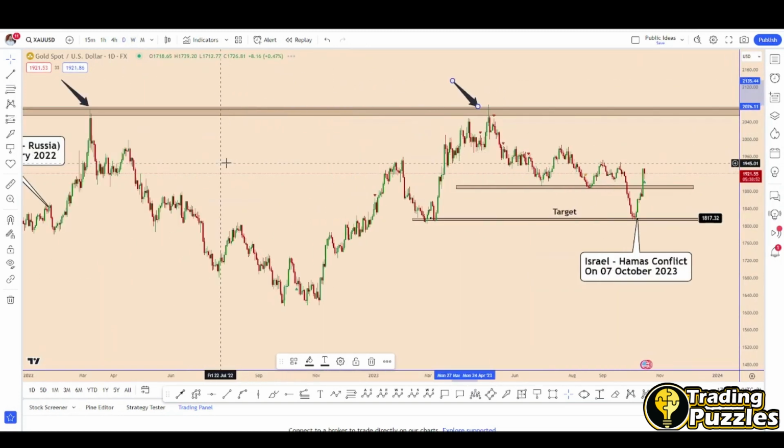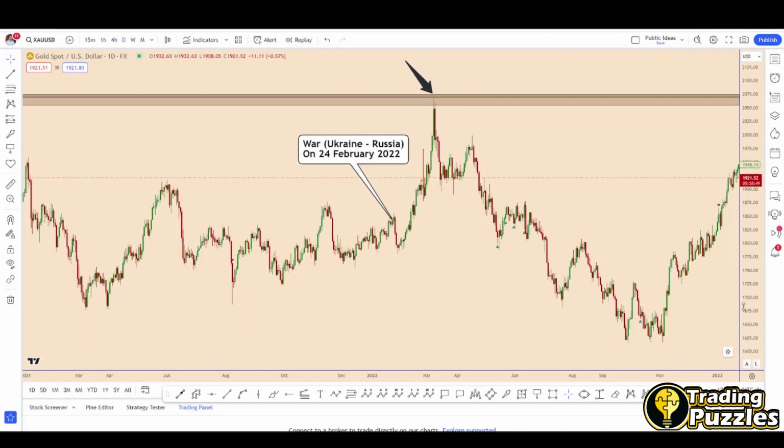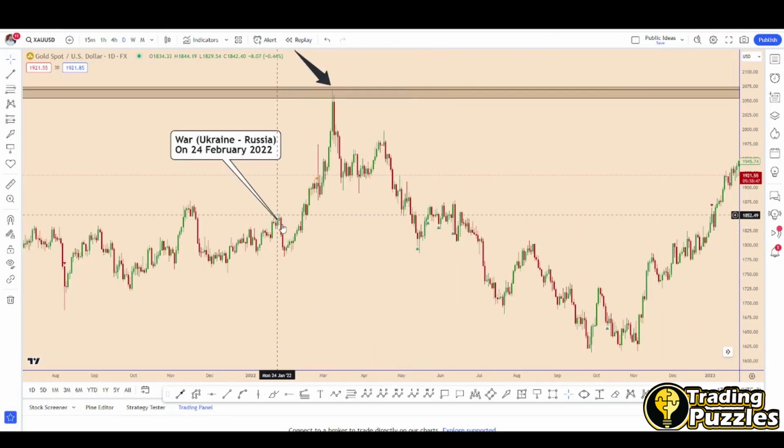I'm going to break this down on a lower time frame, on a daily chart, and we can see that during the beginning of this conflict, it was near the end of January, and later the war began at this point here on February 2022.